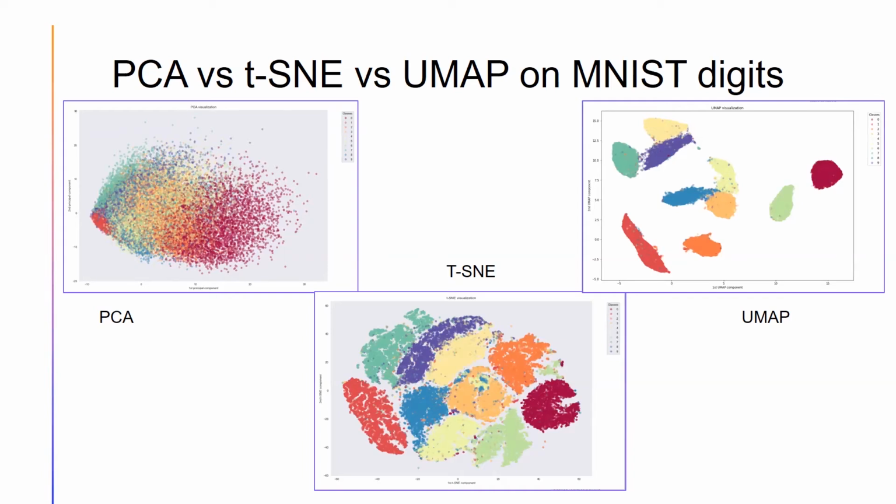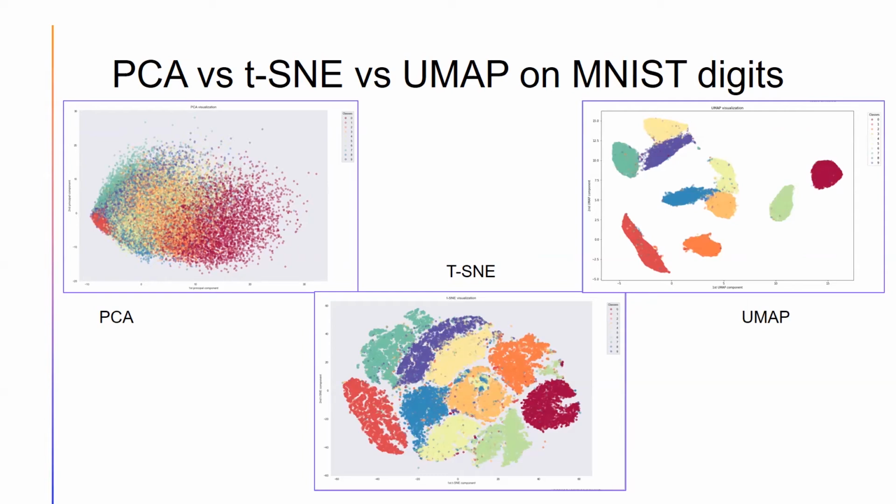TSNE, by comparison, does a much better job of demonstrating that each of these digits is different in some way. We can see the clear bands coming out, except for overlap in some areas, that these are distinct digits.